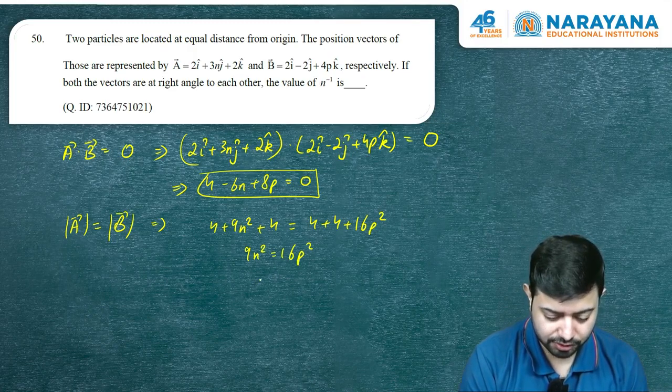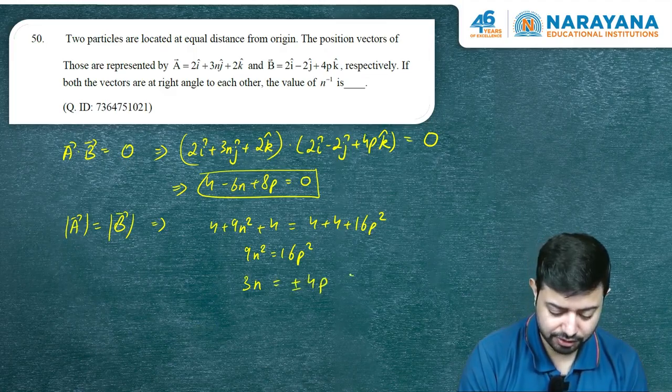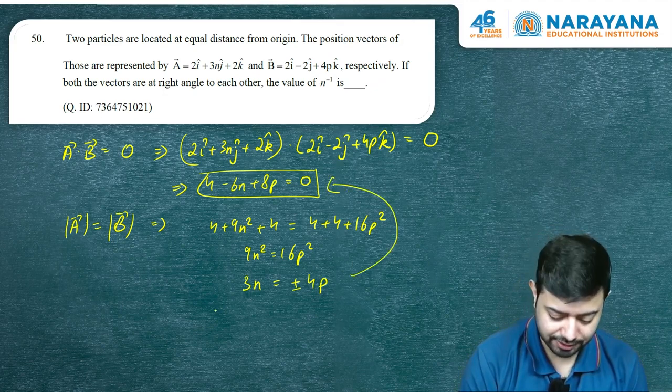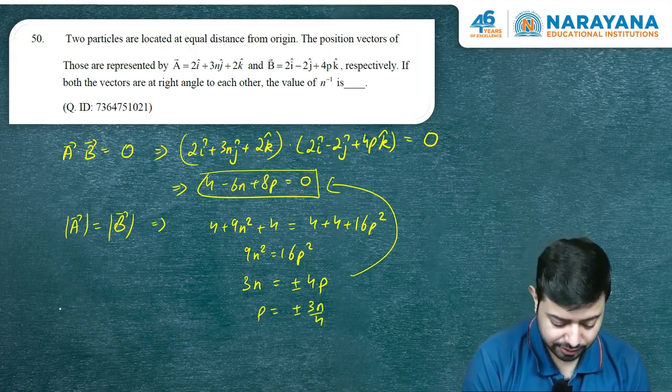So what is the value of n? It is 3n, which can be written as plus minus 4p over here. Now if you substitute over here the value of p, you will end up with the value of n then. So what is p? P is plus minus 3n by 4. Let us put it there.